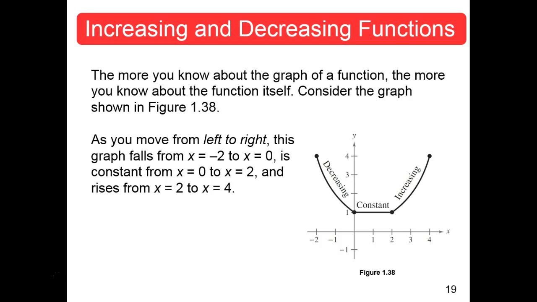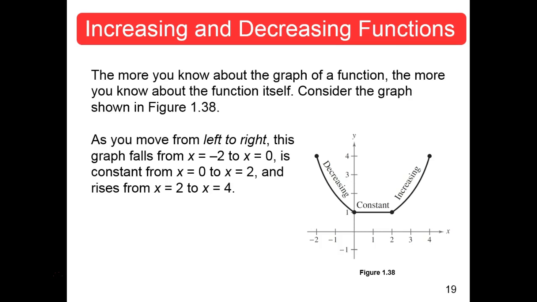Got it. Now, when you're talking about these intervals of increasing, decreasing, or constant, you don't need to worry about whether the endpoint is included. Is -2 included? We don't care. So we usually use parentheses only: from -2 to 0 in parentheses, from 0 to 2 in parentheses, and from 2 to 4 in parentheses. It's hard to tell whether that's decreasing or constant there.